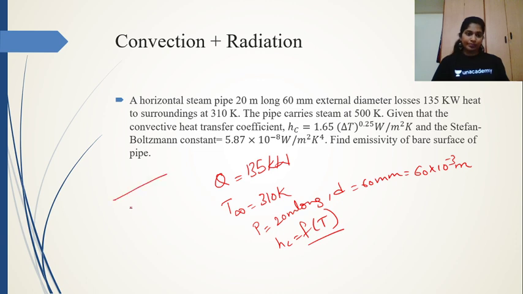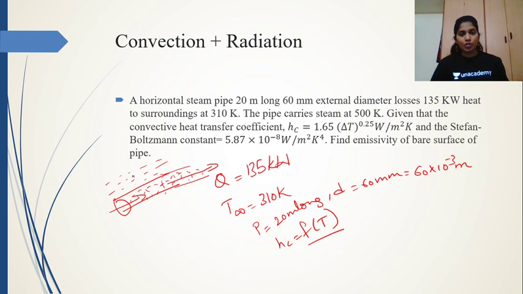So here we are having steam flowing in this pipe, and it is in contact with ambient air temperature also. So this is 300 Kelvin and the pipe carries steam at 500 Kelvin, right?